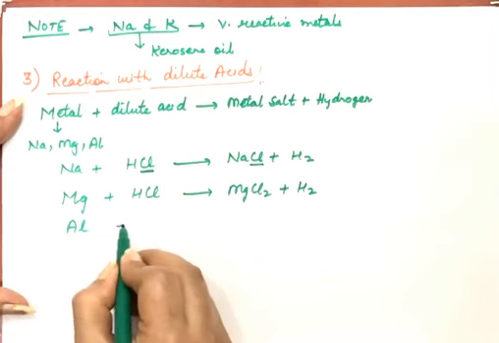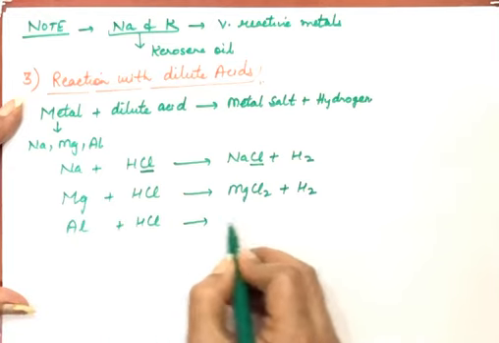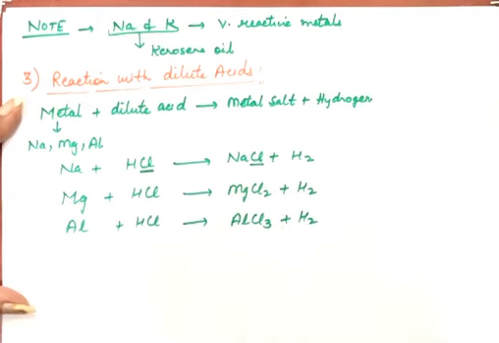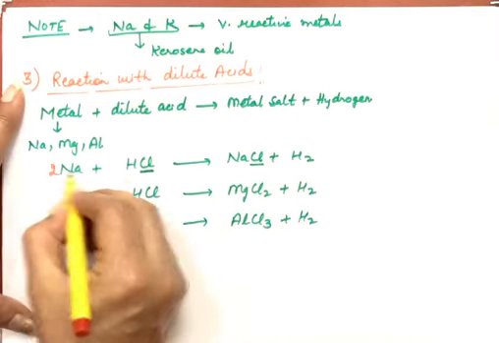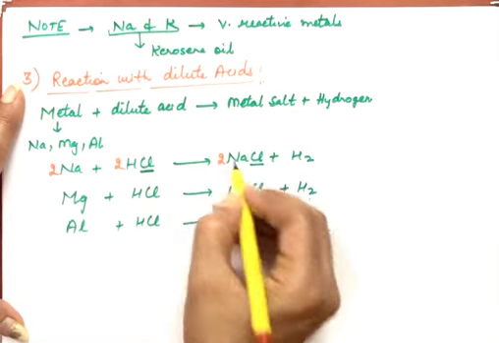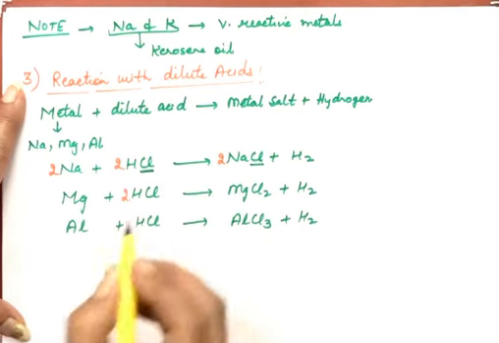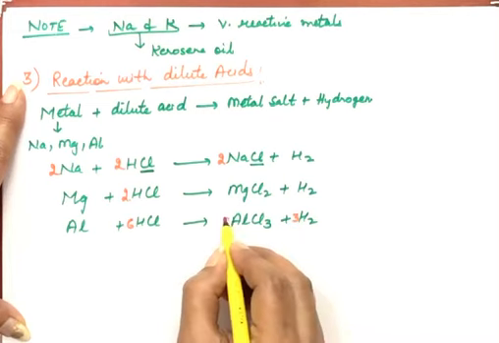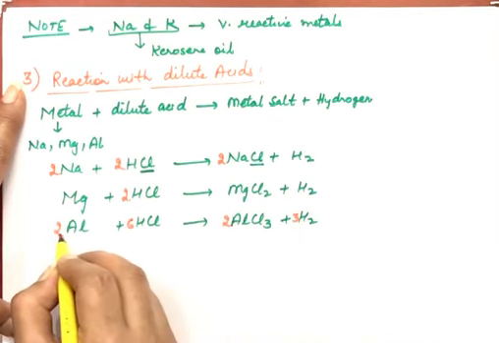Aluminium also reacts with hydrochloric acid, forming aluminium chloride. All these reactions we have to balance. This is 2, 2 and 2 here. In this case it's 2 here. Hydrochloric acid is 6, 3, 2 and this is 2 here.